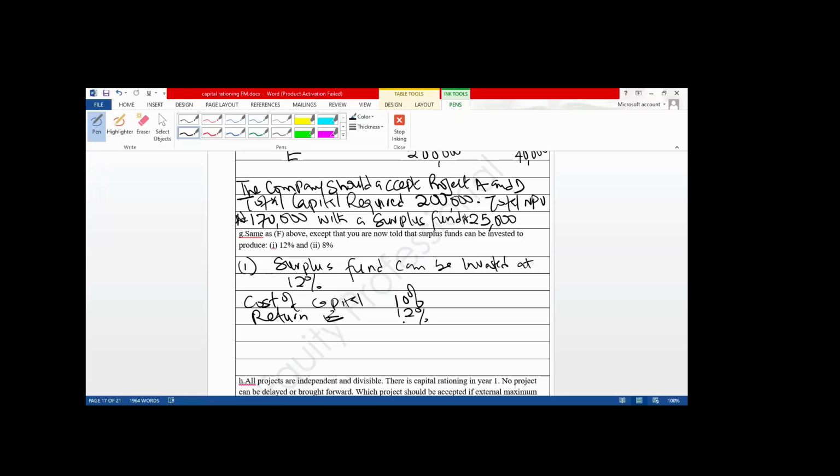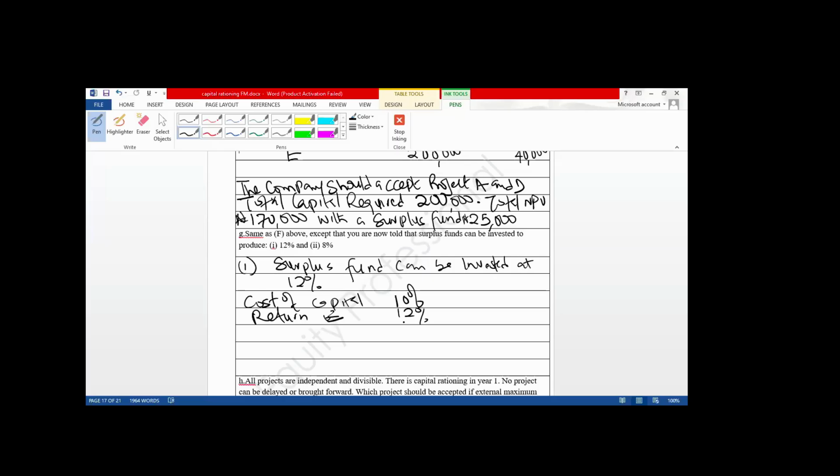Please note, where your return is higher than your cost of capital, that means you can reinvest. The surplus fund will produce a return of 12%. That return is higher than your cost of capital. Then you are going to say the surplus fund should be reinvested.